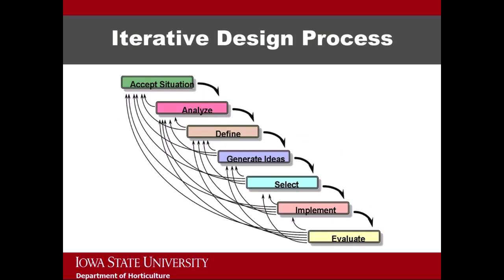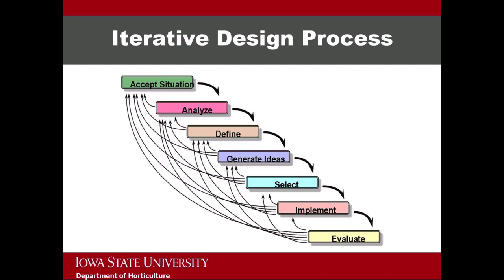I've included this graphic to illustrate that the overall design process is an iterative one and that includes multiple points to reflect and reevaluate on decisions that were made. First, you accept the situation and the challenges and opportunities created by the site to be designed. Next, you analyze what you have to work with on the site and begin making some initial decisions.